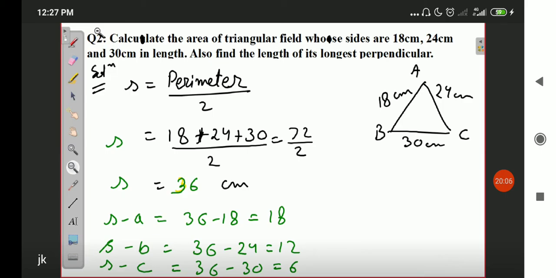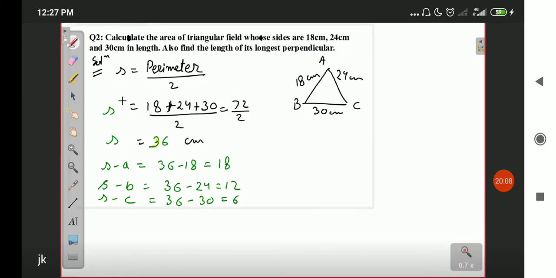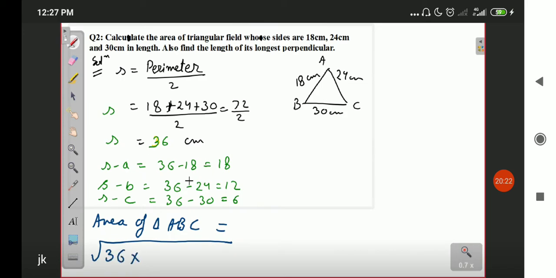And using all of this, next is to find out the area of triangle ABC. Area of triangle ABC is under root S, which is 36, S minus A is 18, S minus B is 12, S minus C is 6. So this will be 216.